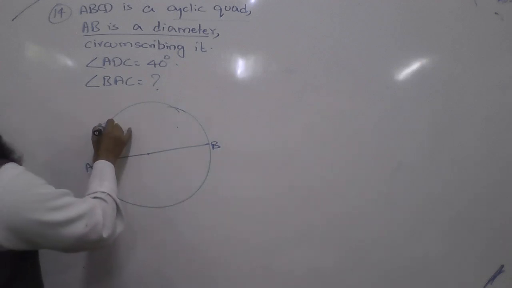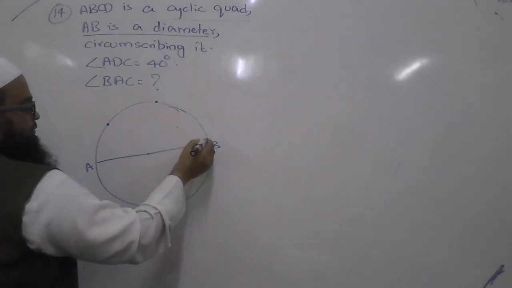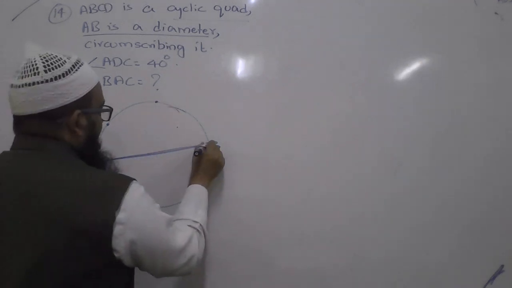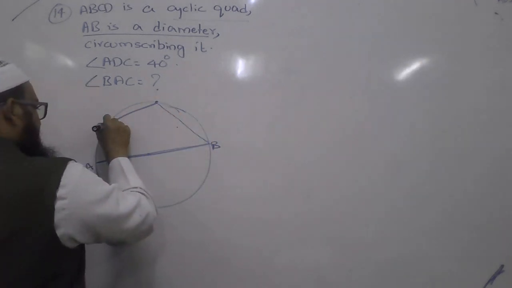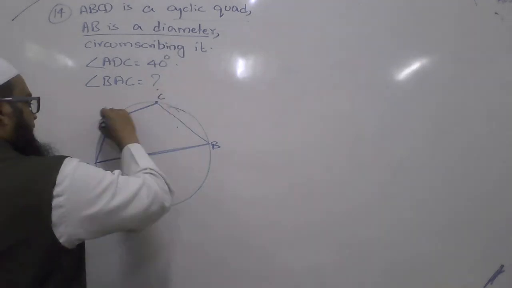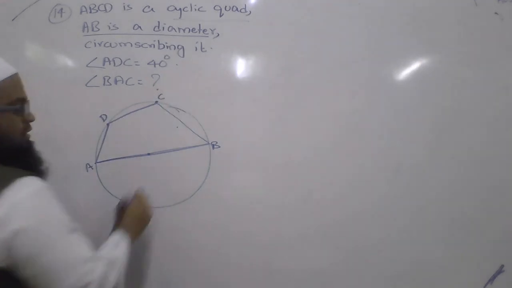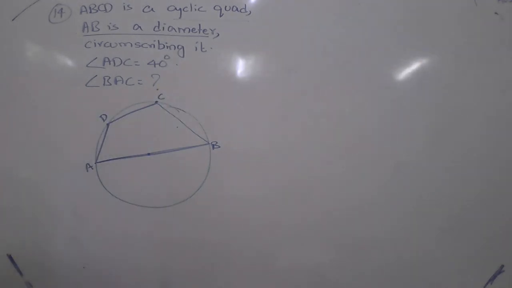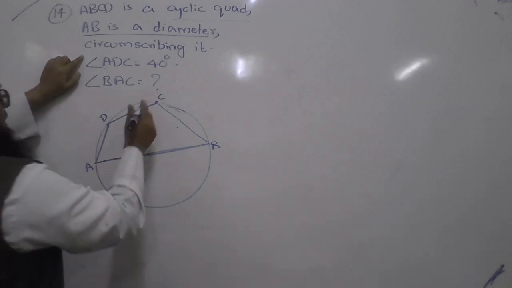So this is A, B, this is C, and this is D, and this is the center. Now understood the question? You have to understand the question first.